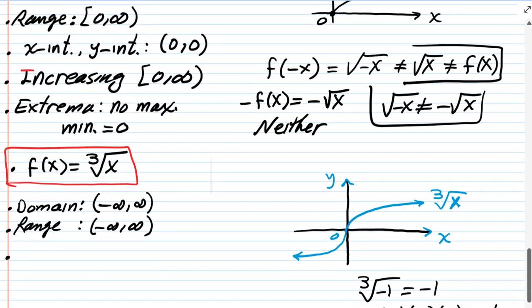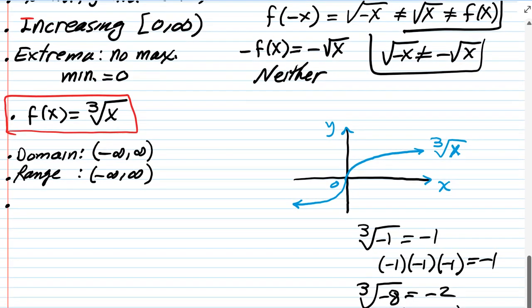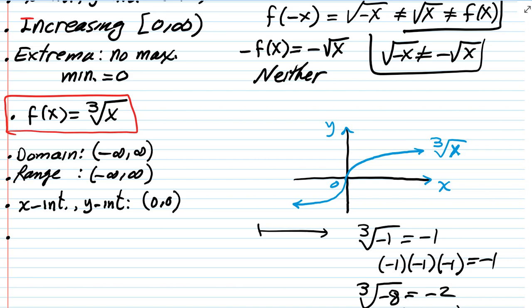Intercepts. For this one, again, the x-intercept and y-intercept are both the same, at (0, 0). As you go from, again, left to right on the number line, you see this is always increasing. So the function is increasing from -infinity to infinity.